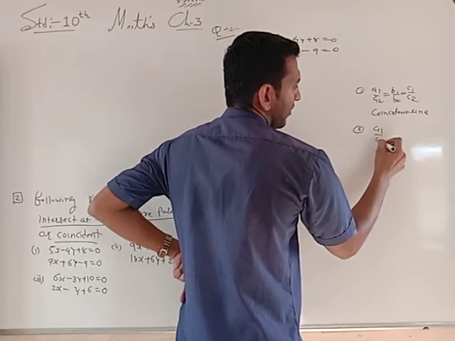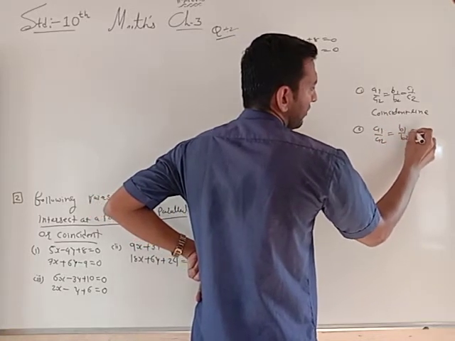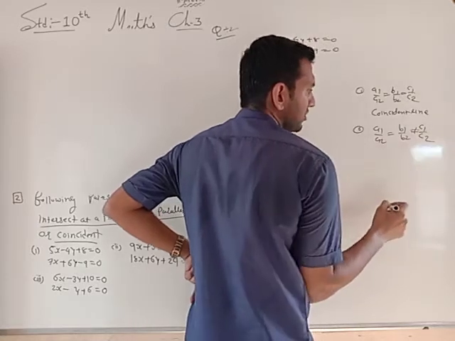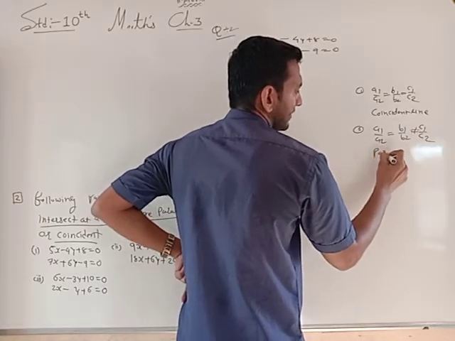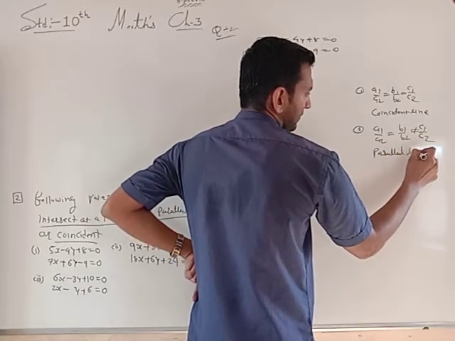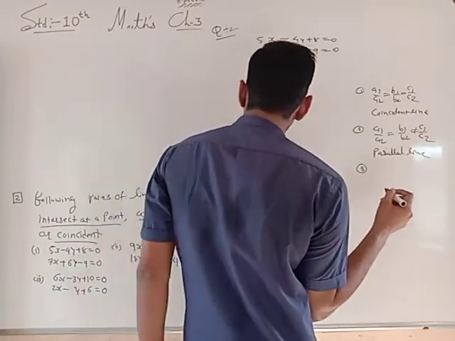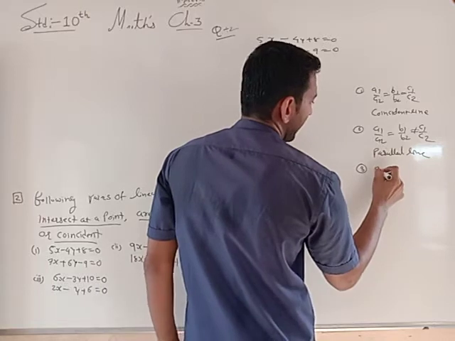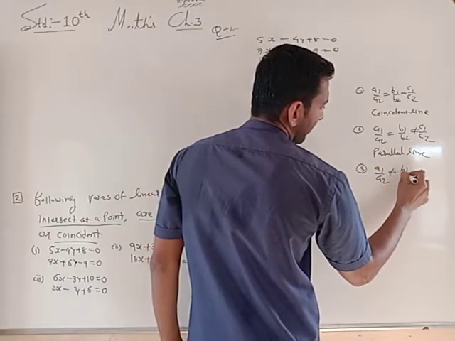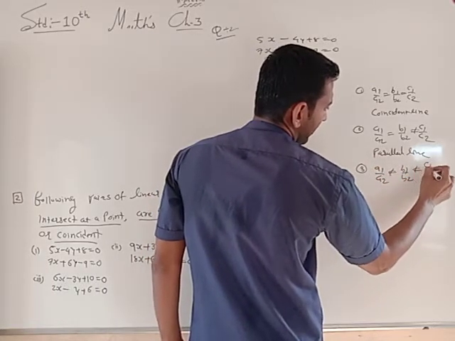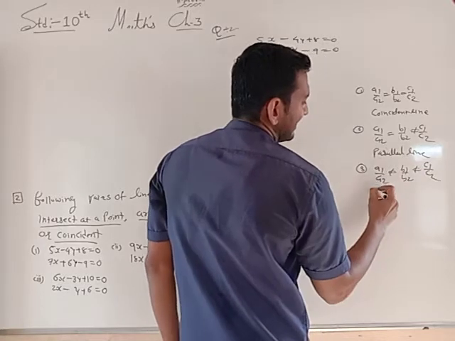If A1 upon A2 is equal to B1 upon B2 does not equal C1 upon C2, it means parallel lines. In the third case, if A1 upon A2 does not equal B1 upon B2, it means intersecting lines.